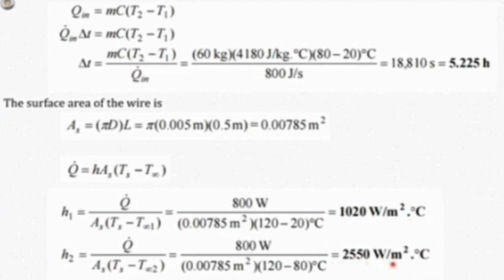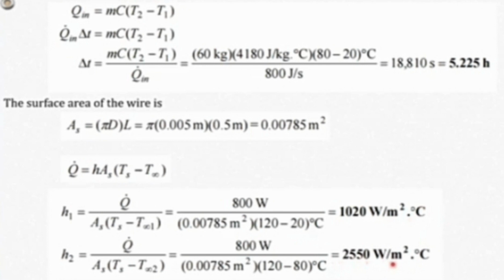We have 800 joules per second, that is our heat input, and by plugging into the calculator, we get 18,810 seconds, and by converting that into hours, we have 5.225 hours.